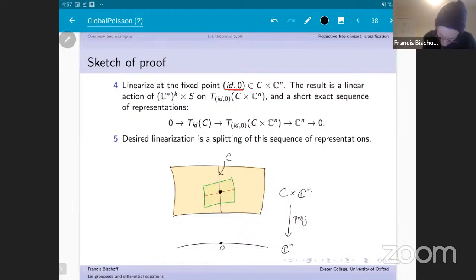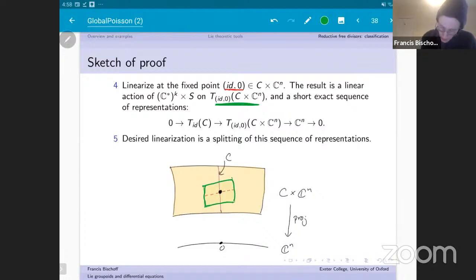Here's the fixed point, which is the identity in C and the origin in C^n. In green here, I've drawn the tangent space. And we have a local equivariant isomorphism between the action of the reductive group on the bundle and the action on the tangent space, which is a representation of the group.